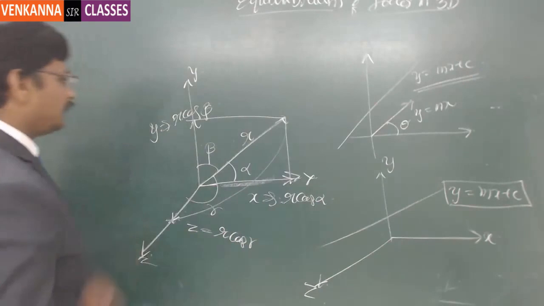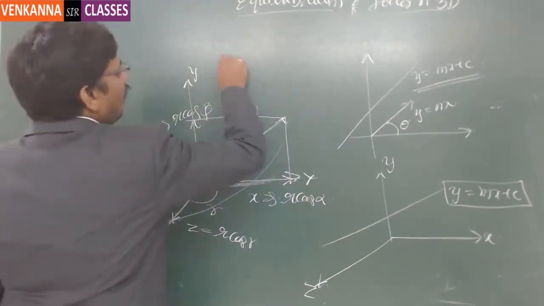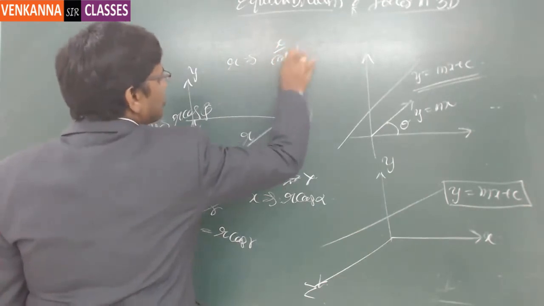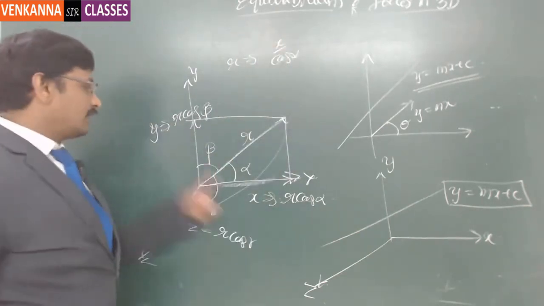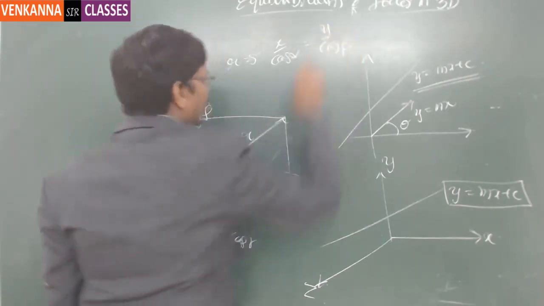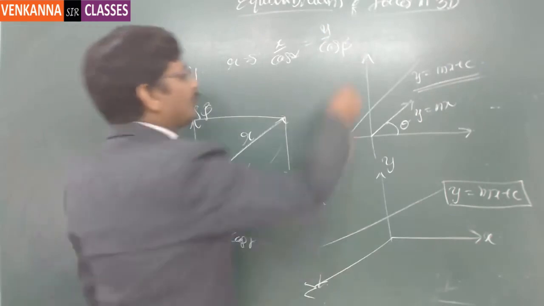Now if I put the same equation into a different format, I can write r as x by cos alpha, the same r as y by cos beta, and the same r as z by cos gamma.